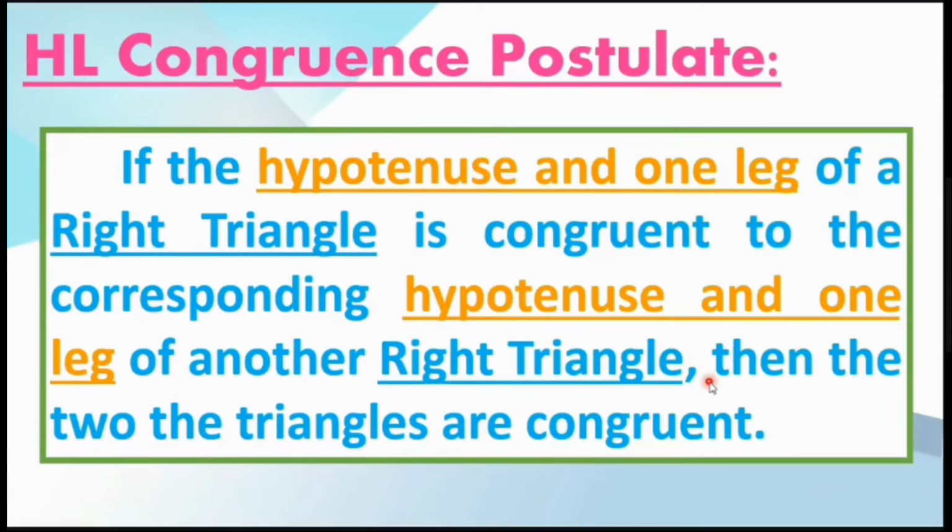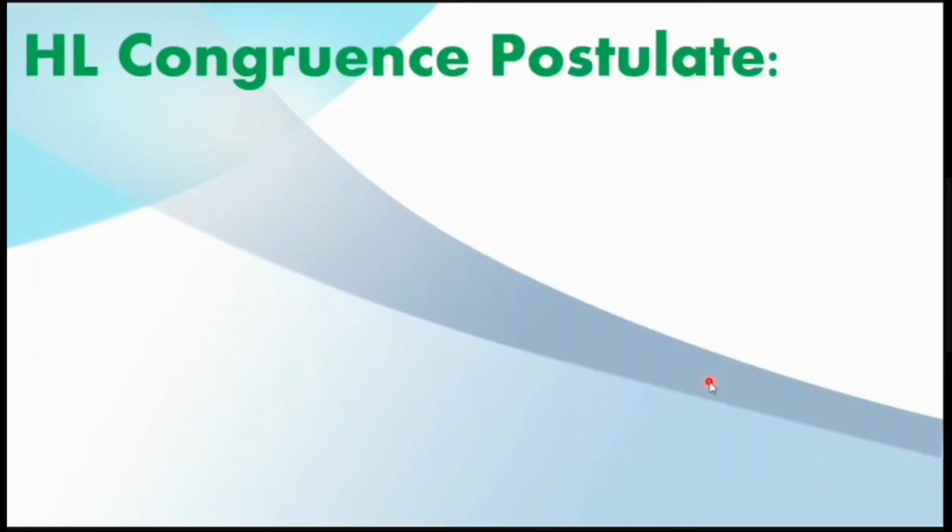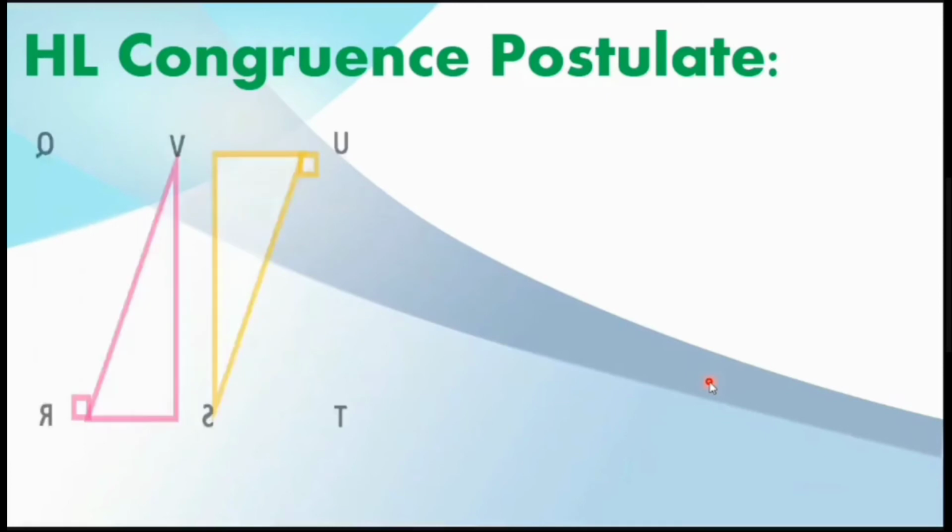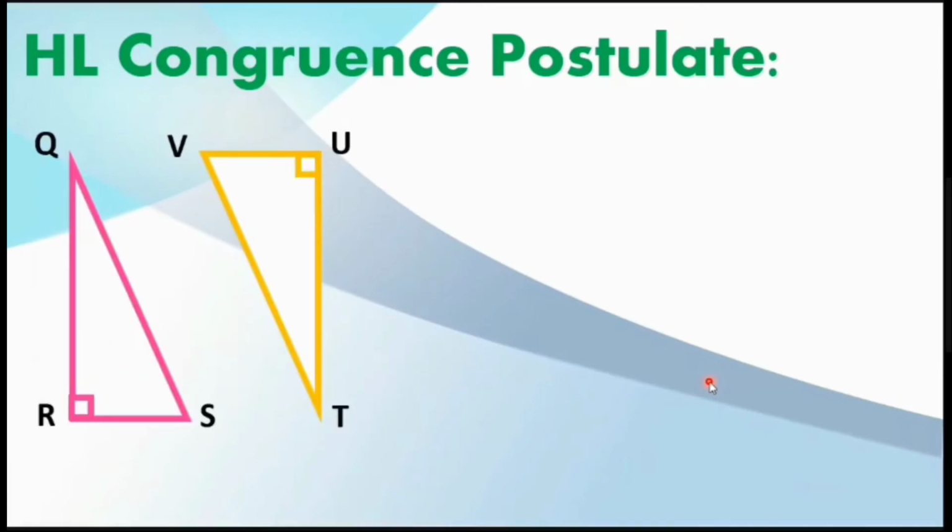Okay, so let's proceed to this example. Suppose we have here two triangles, triangle QRS and triangle TUV. By simply looking at these two triangles, we know that these two triangles are really right triangles.